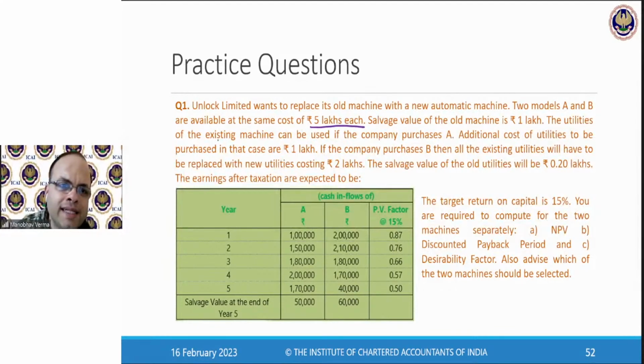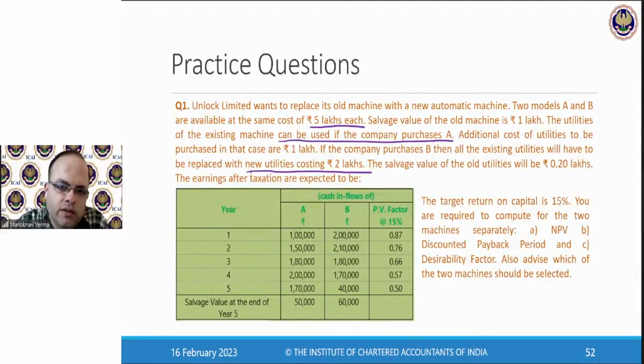Utilities of the existing machine can be used if the company purchases A, and the additional cost of utilities to be purchased in that case is 1 lakh. If they purchase machinery B, all the existing utilities will have to be replaced with new utilities costing 2 lakhs. Salvage value of the old utilities is 20,000 or 0.2 lakhs.